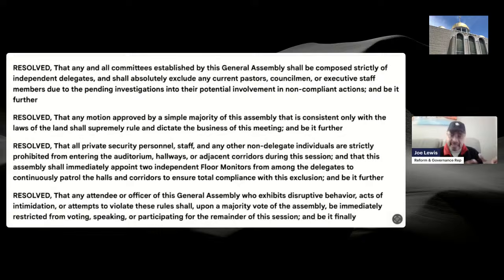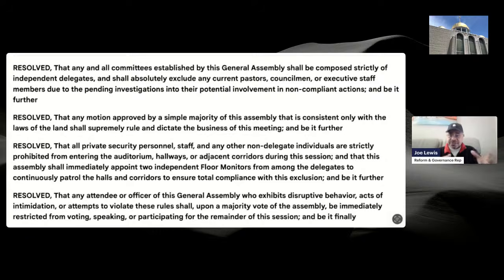And all that's saying is that the committees that the General Assembly are to put together cannot, under any means, involve executive staff, the pastors, or the councilmen. And it's only because of these pending investigations.